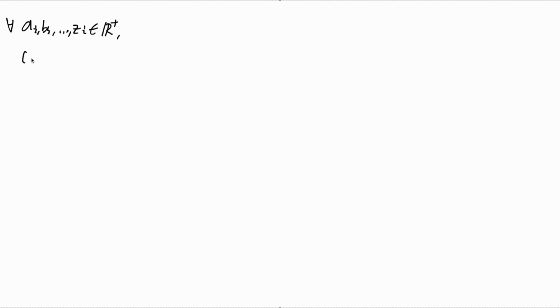I will just write it because it will be quite a long one. (a sub 1 + a sub n) to the power of lambda a, plus (b sub 1 + b sub n) to the power of lambda b, and we can continue until we get (c sub 1 + c sub n) to the power of lambda c.